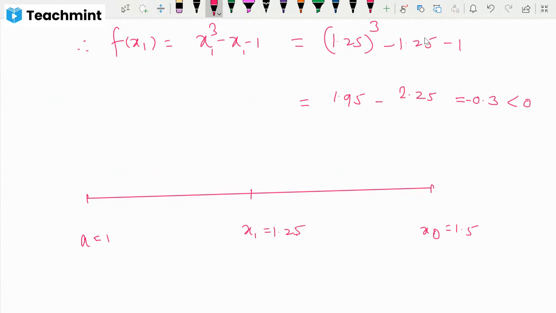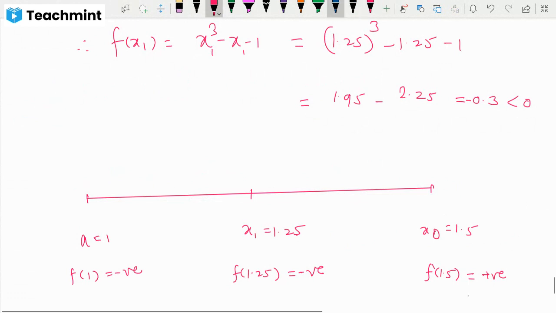So f(1) is negative, and f(1.5) is already positive. And f(1.25) is negative. So f(1) and f(1.25) are both negative, so this interval will be deleted. We do not consider this interval because we require opposite signs.